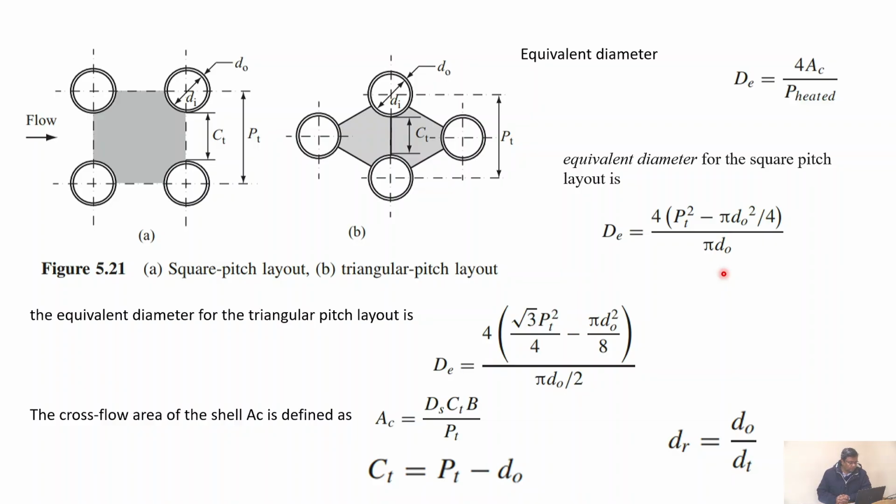Now you can do a similar sort of thing for the triangular pitch layout, and that's shown here. That we are not going to derive in class, that you can do at home. You can check this out, but similar principle.